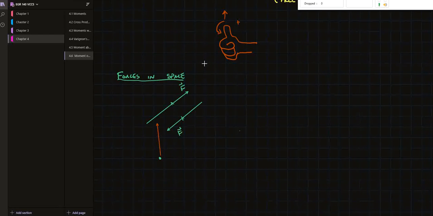I can draw a position vector to one of these forces, to some point here, let's call it B, and have another point on this force vector. I'll draw two, and I'll call these RA and RB.